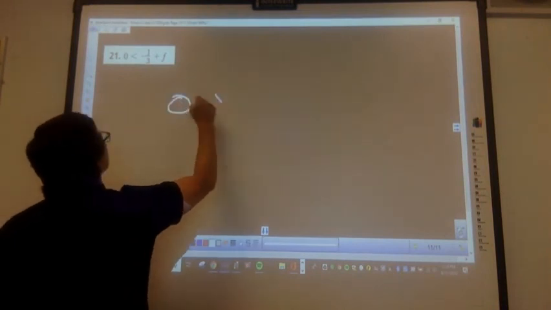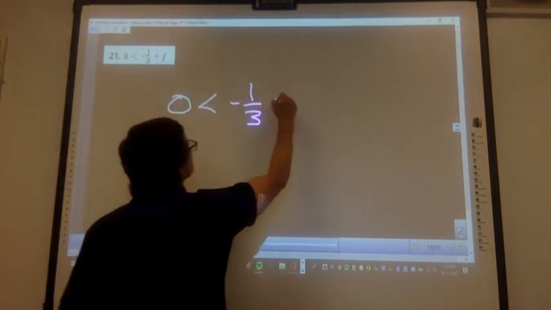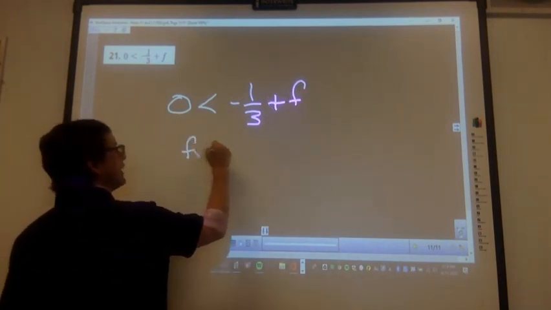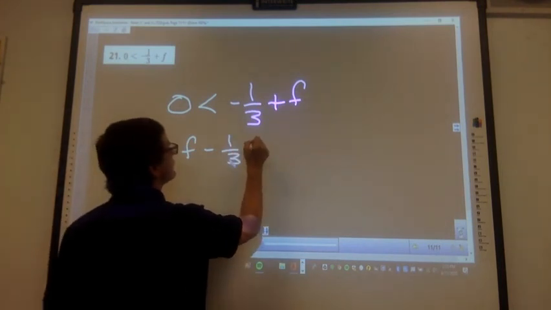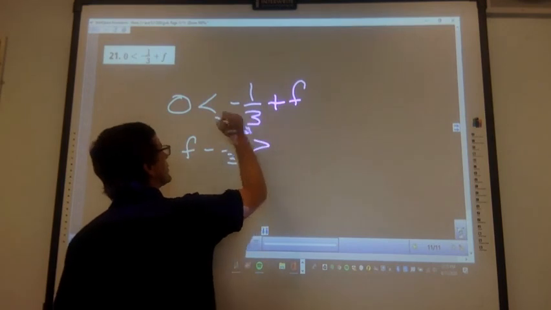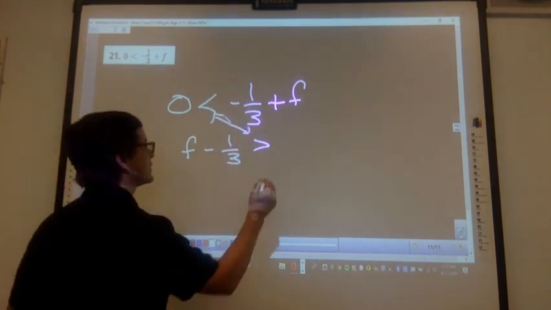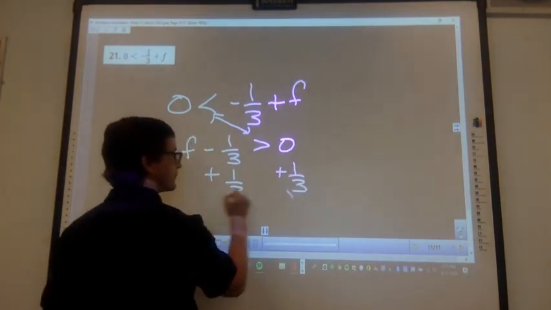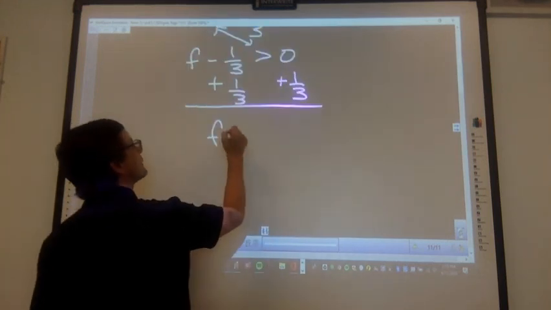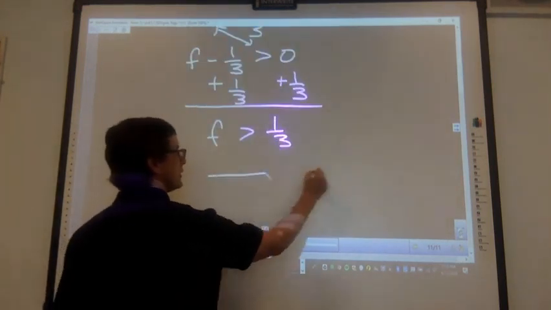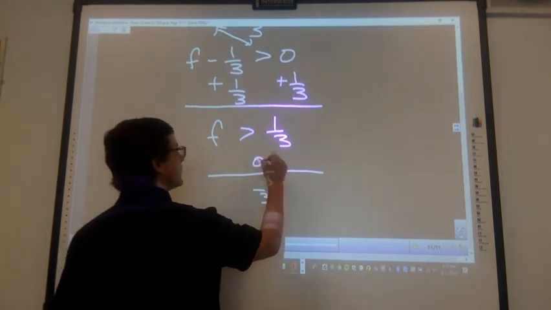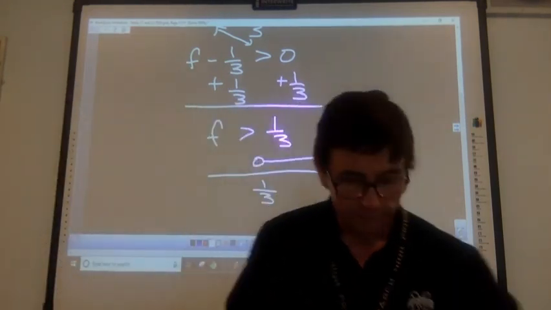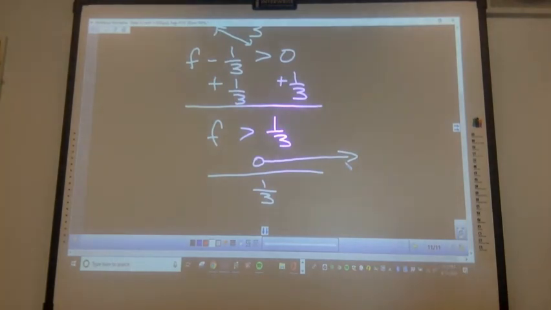So we have 0 less than -1/3 plus f. So immediately I will switch: f minus 1/3 is greater than 0. Remember, these inequalities switch when you switch the variable to the other side. Then all I have to do is add 1/3 to both sides. So we get f is greater than 1/3. Open dot, arrow to the right. Thank you. No problem. Keep on asking.